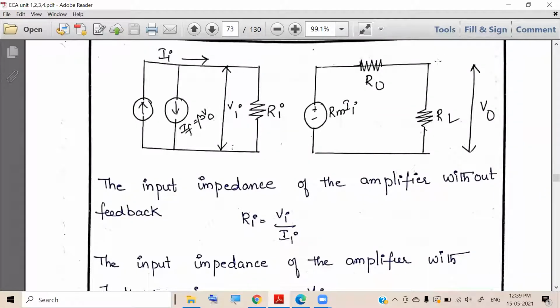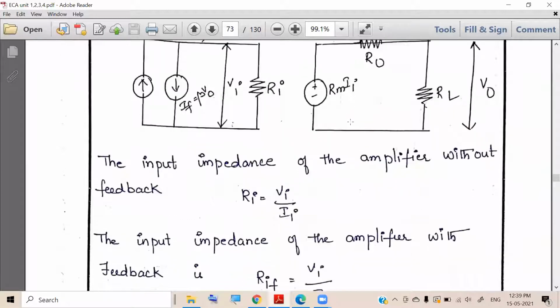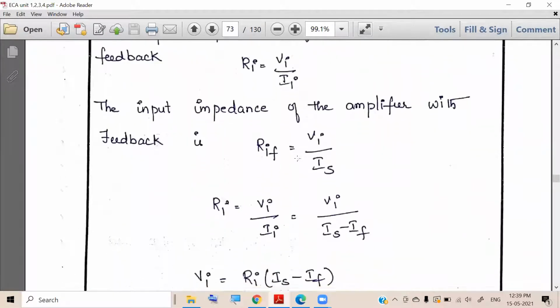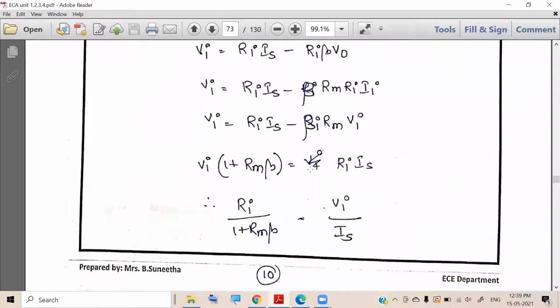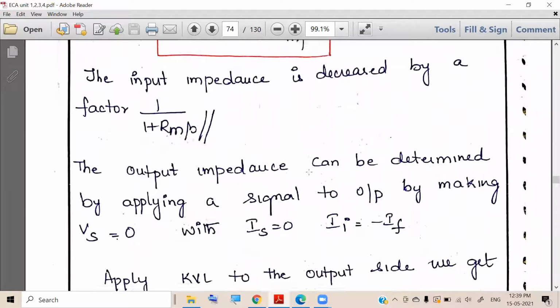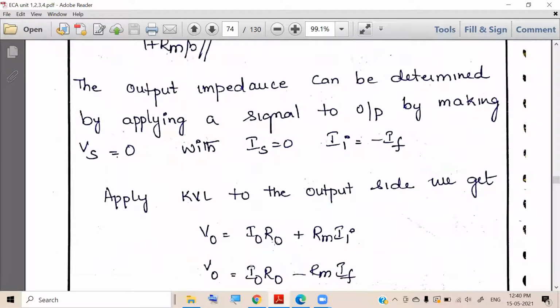So V0 will be I0 R0, Ohm's law, plus Rm into Ii. We are writing KVL: V0 is I0 R0 plus Rm into Ii.